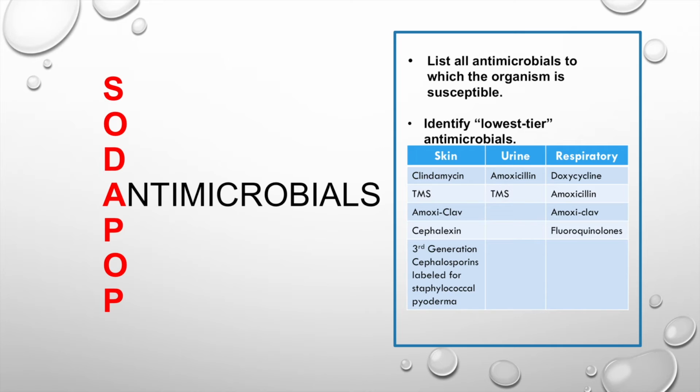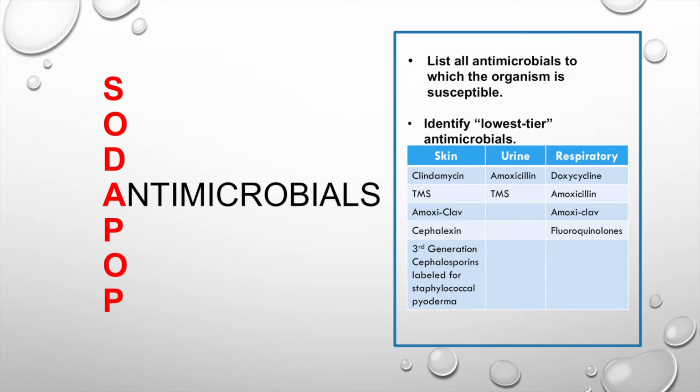It is also useful at this point to identify any lowest tier antimicrobials that can be used to treat this infection. The International Society for Companion Animal Infectious Diseases has put out guidelines on which antibiotics should be considered the lowest tier.